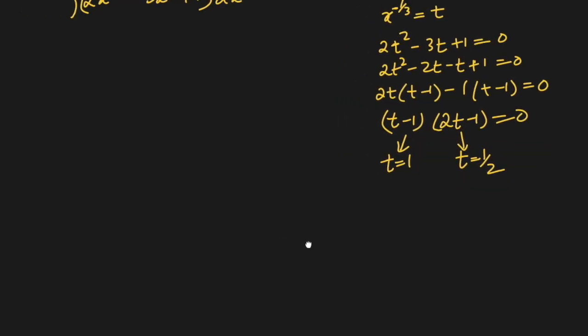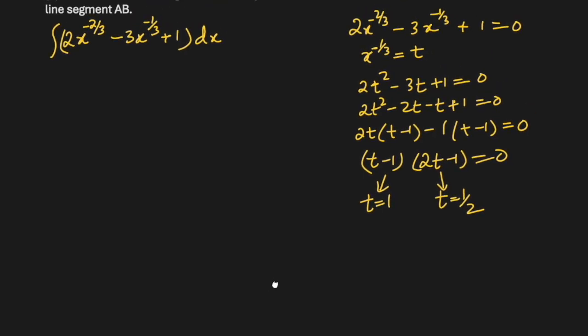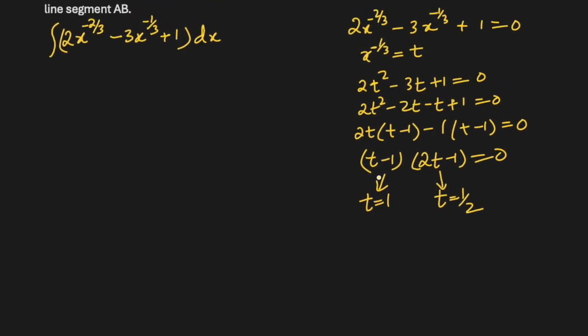However, t was my creation. So I'll go back to this one again. So x to the power minus 1/3 equal to 1, and x to the power minus 1/3 equal to half. So no matter what, x will come out to be 1. But what about this?